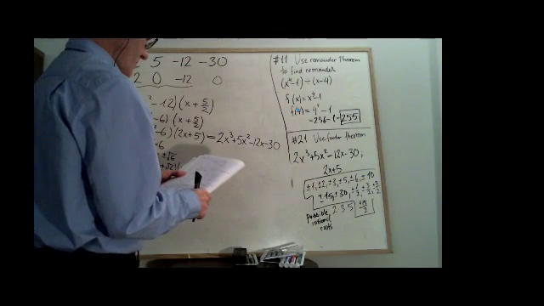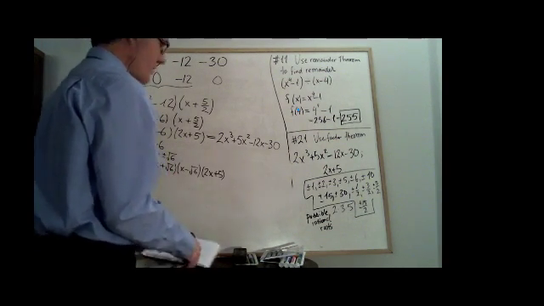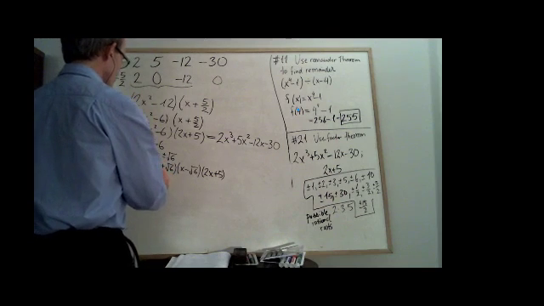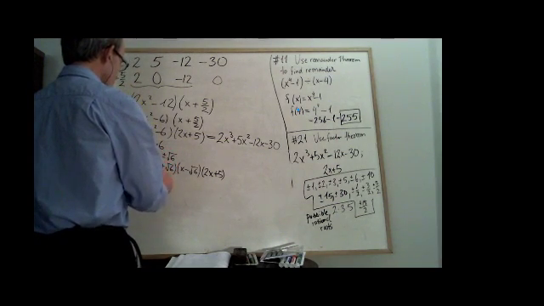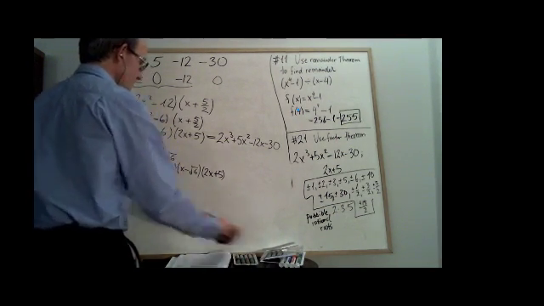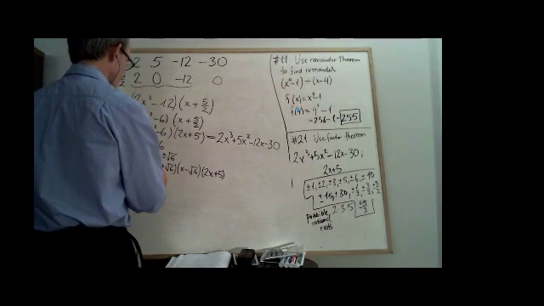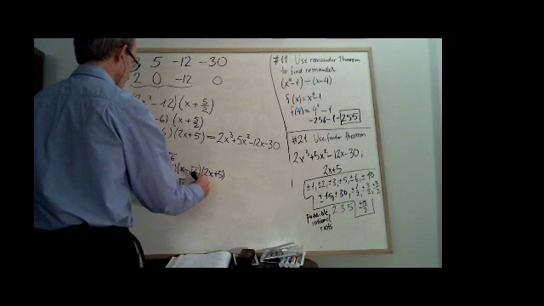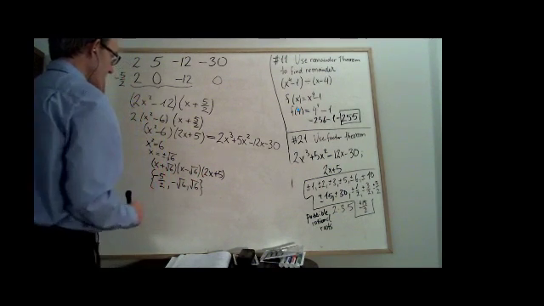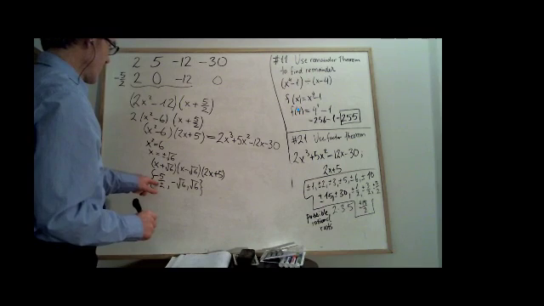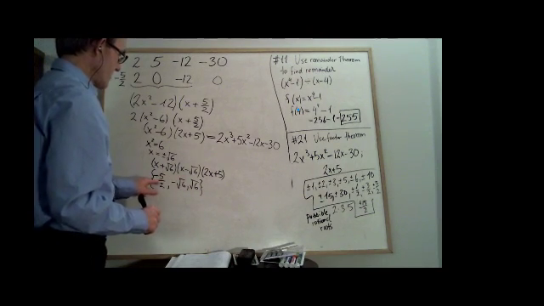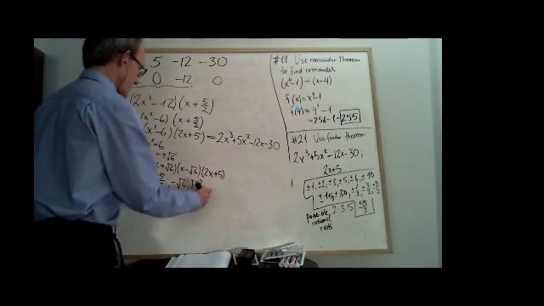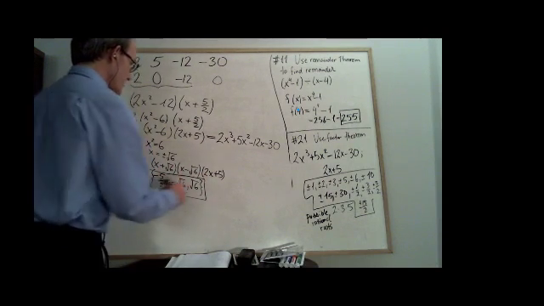Okay, and so the real zeros are x's, so plus or minus root 6 and minus 5 over 2. I'm trying to write them in increasing order. I think this one is larger in absolute value than this one, so this is more negative than this. Okay, so those are my real roots.